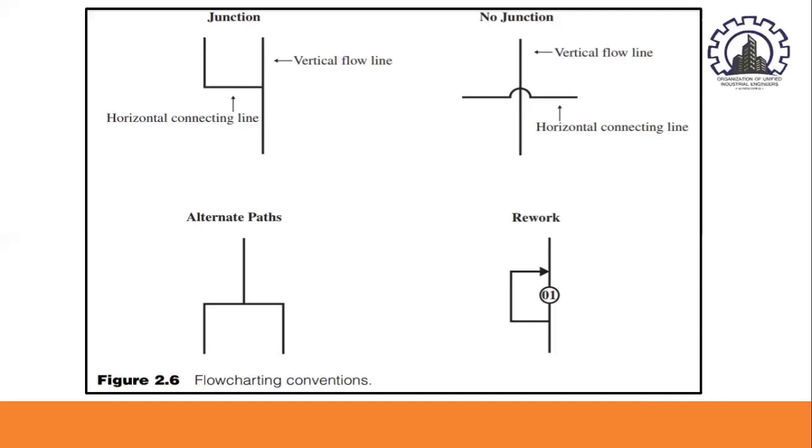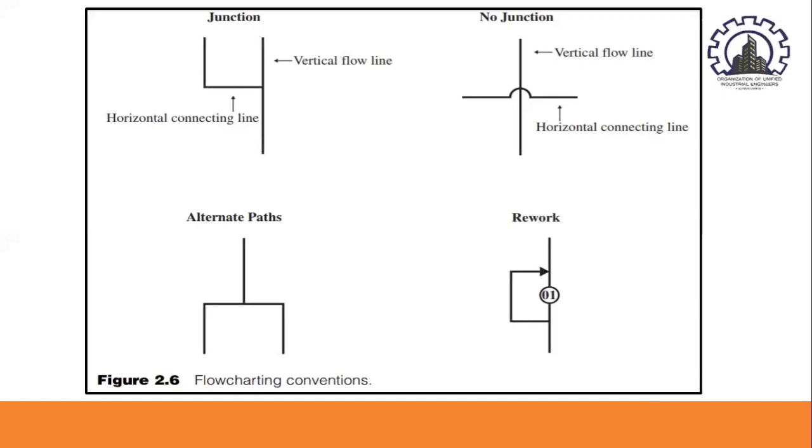Now, materials that are disassembled or extracted are represented by horizontal material lines drawn to the right of the vertical flow line, while assembly materials are shown as horizontal lines drawn to the left of the vertical flow line.